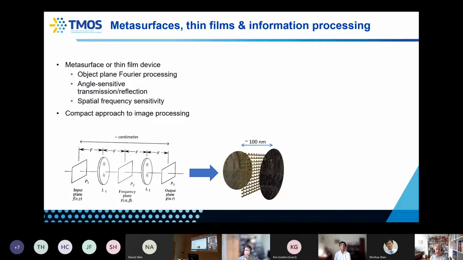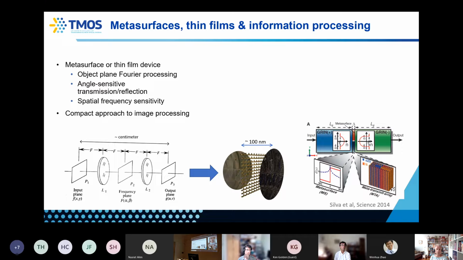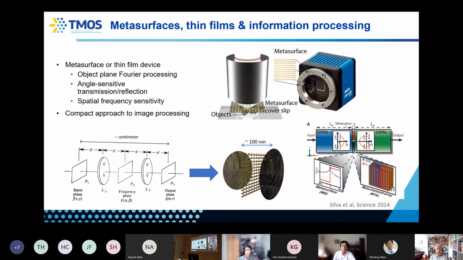Now, one proposal that's been put forward is to use graded index lenses and also take advantage of the properties of metasurfaces. And we've seen some nice presentations in this conference discussing them. These metasurfaces could act as superior spatial filters. Another approach, and this is the one that we've been looking at, is whether one can design devices that have an inherent sensitivity to spatial frequency.